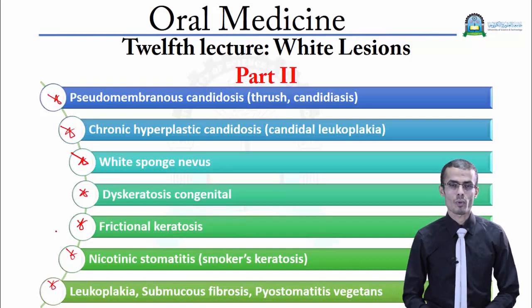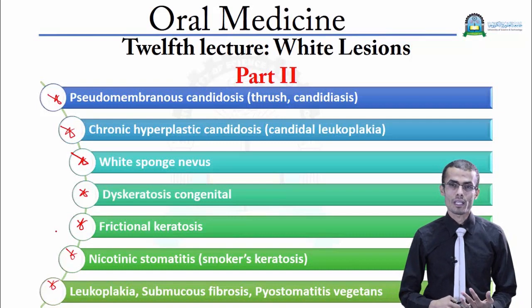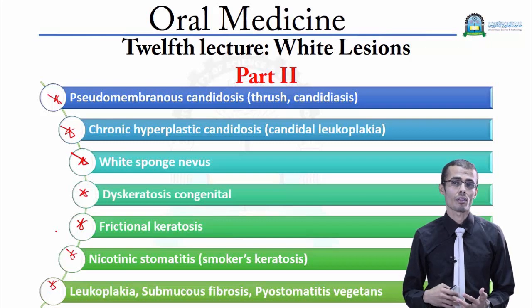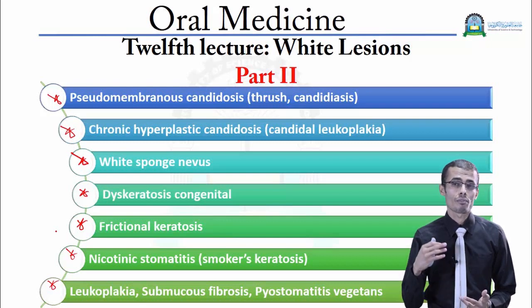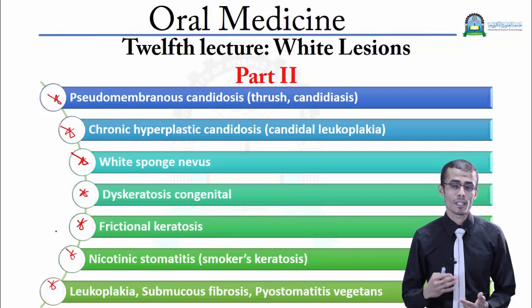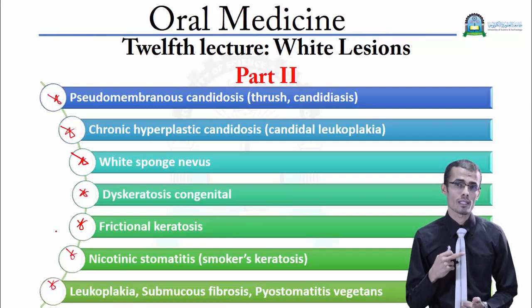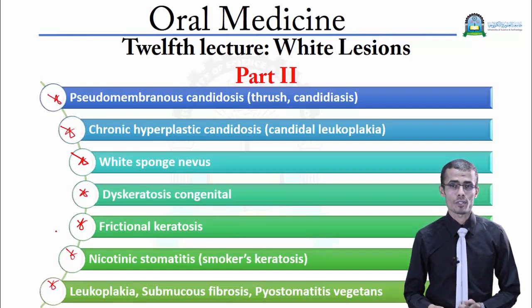All those white lesions, we'll talk about them in detail, starting from the etiology and the pathogenesis of those lesions. And also we'll talk about the clinical features of all of the white lesions presented in this lecture, and also their investigation, differential diagnosis, and the final management procedure for each of these white lesions.